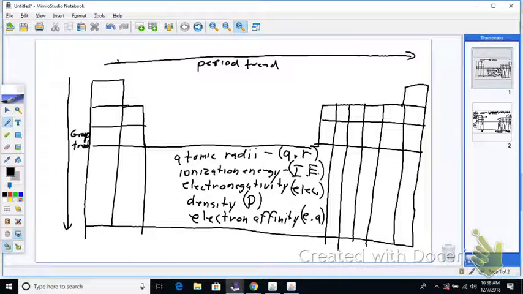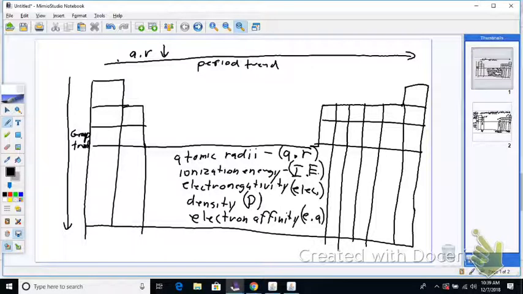Okay, so let's just go through the trends. So AR, atomic radii, what does it do as you go across a period? Increases? Atomic radii does not increase going across. It decreases. The size of the atom decreases.